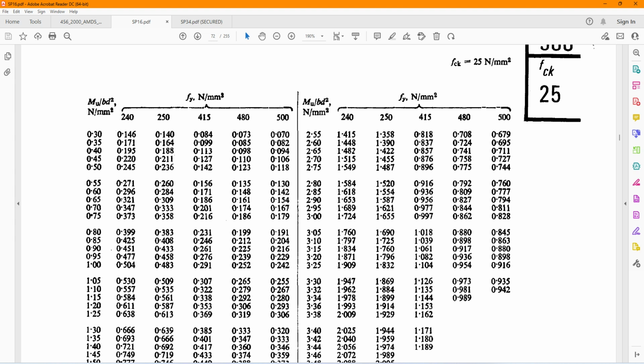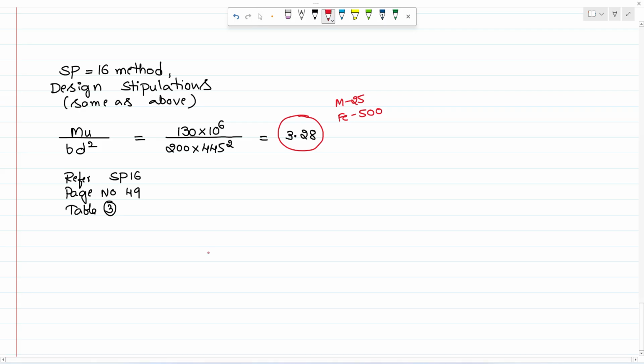So your grade of steel 500. So it is 0.935. So PT it is 0.935. It is for Mu by BD square of 3.30.